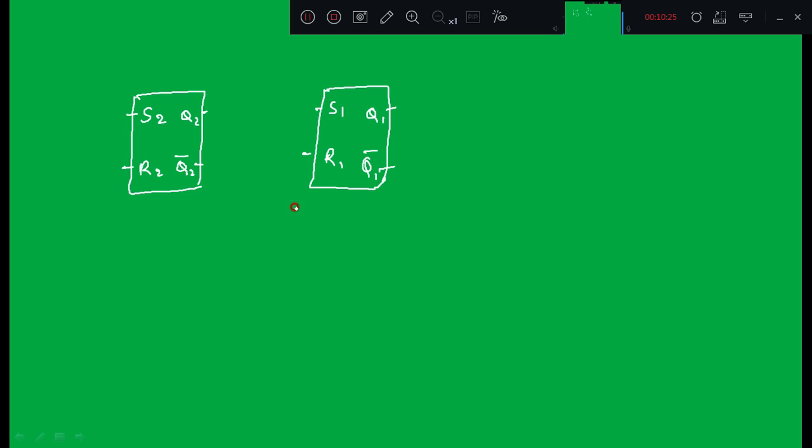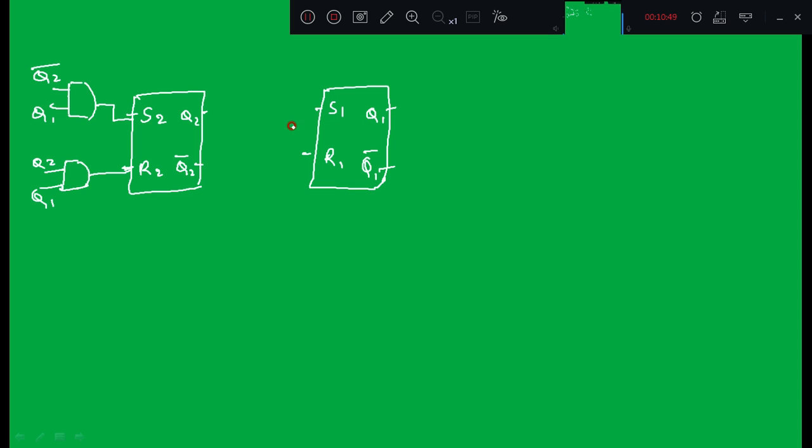As per the Boolean expressions, S2 is equal to Q2 bar and Q1. R2 is equal to Q2 and Q1.